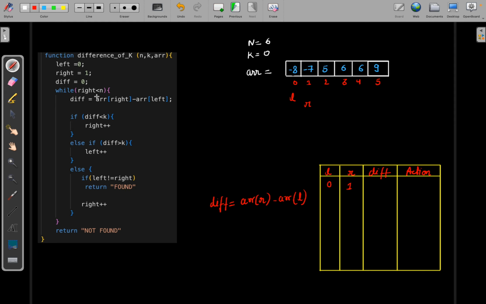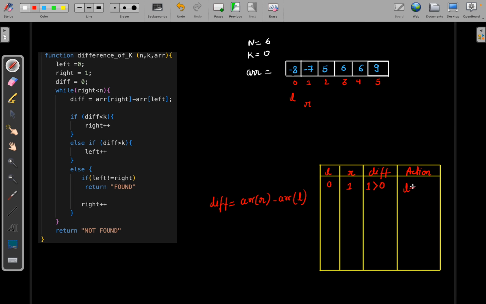So while right is less than n, yes it is less than n, which is 6, my difference equals ARR of right minus ARR of left. So minus 7 minus of minus 8, so it will be plus 1, which is greater than 0. I want 0, so 1 is greater than 0. So what I will do, I will decrease my difference.